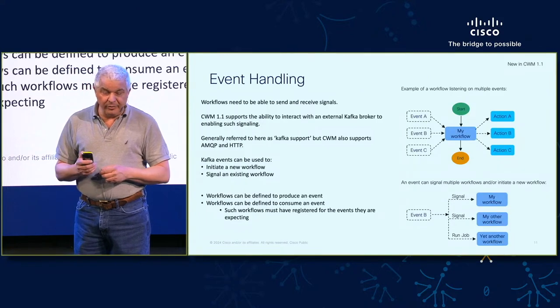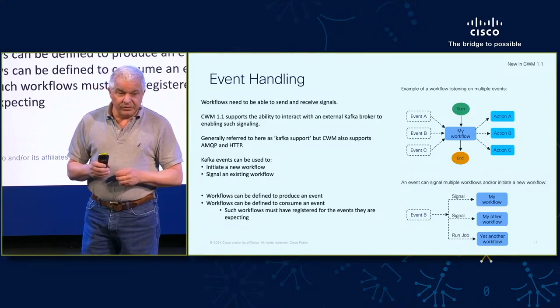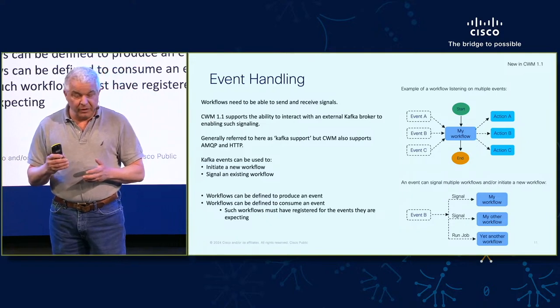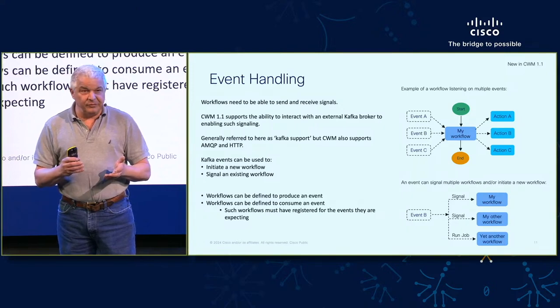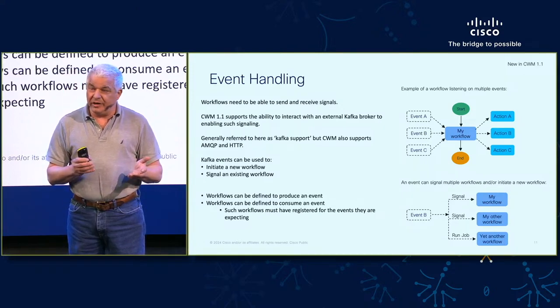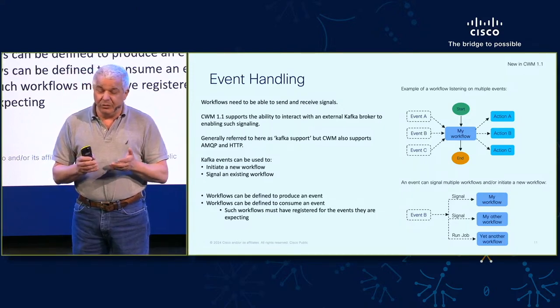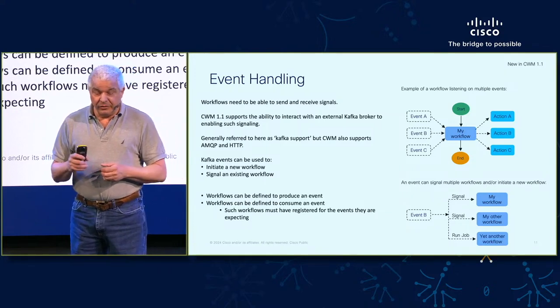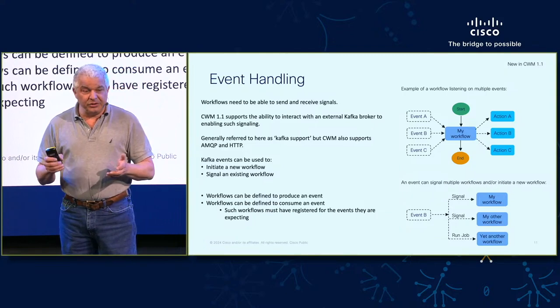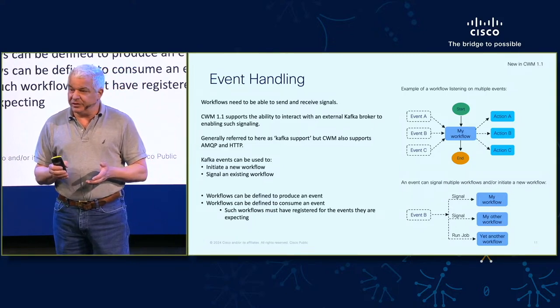I'm going to talk a little bit about event handling. I'm going to generically call it Kafka, even though you can interpret that to mean either AMQP or HTTP as well. Workflows can send and receive messages.